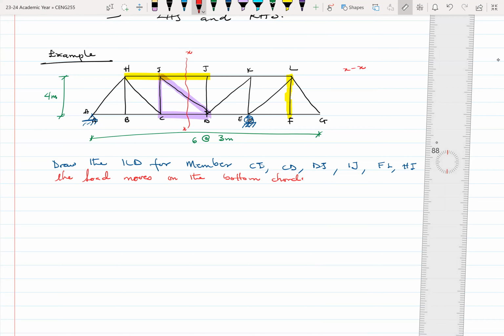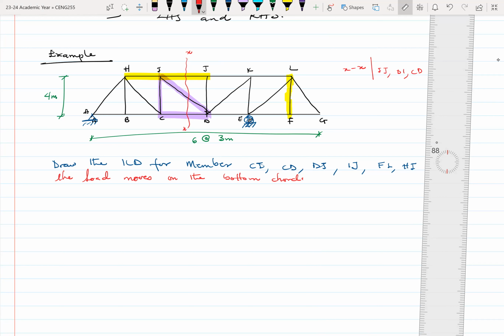XX will pass through IJ, pass through DI, and pass through CD, which is great. If you cut your truss into sections, and the sections are more than 3, you will not be able to solve them with the laws of statics, in terms of being statically determinate.